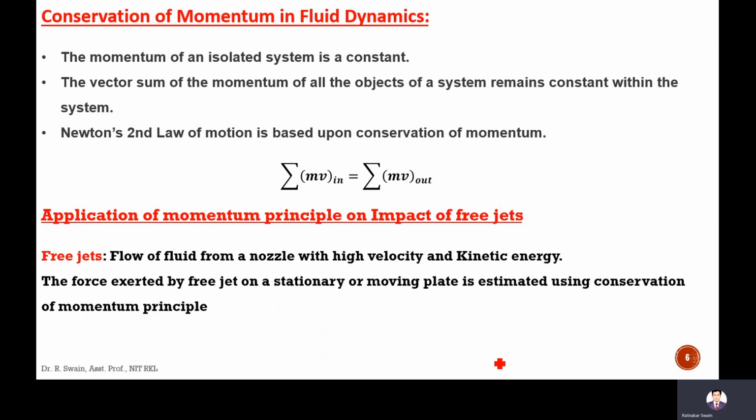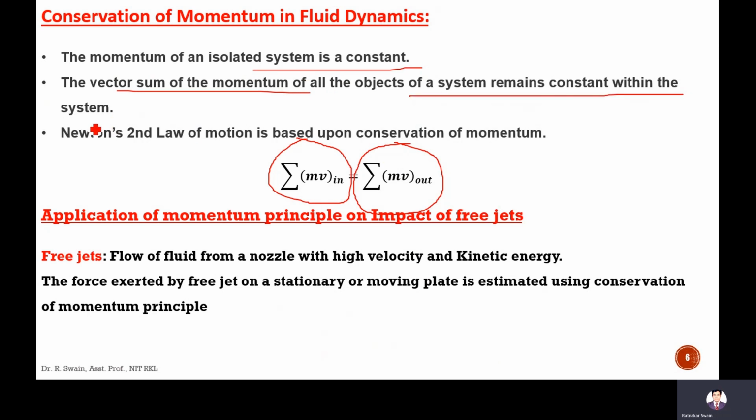The total momentum in is equal to the total momentum out. So the momentum of an isolated system is constant. The vector sum of momentum of all the objects of a system remains constant within the system.